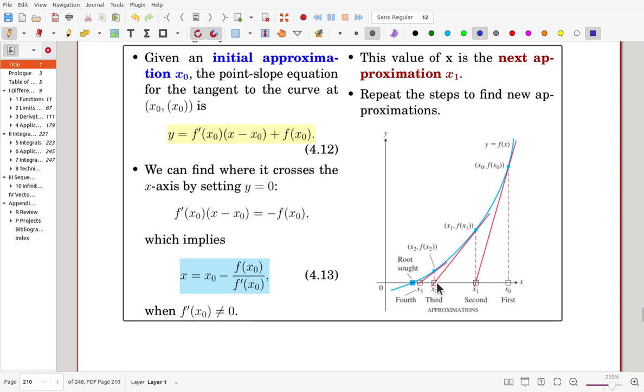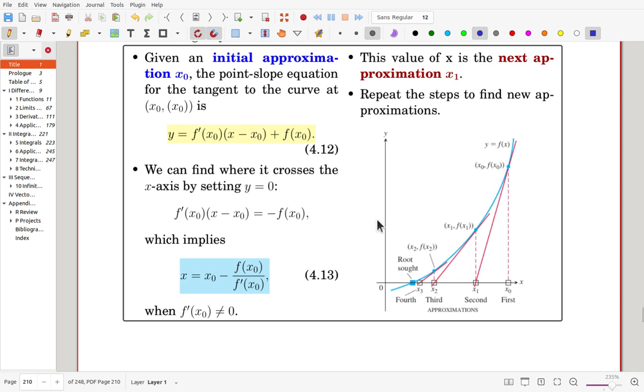Then we call it x2, which is again a more updated approximation. We repeat this computation to get better approximations. That is the geometric interpretation of Newton method.